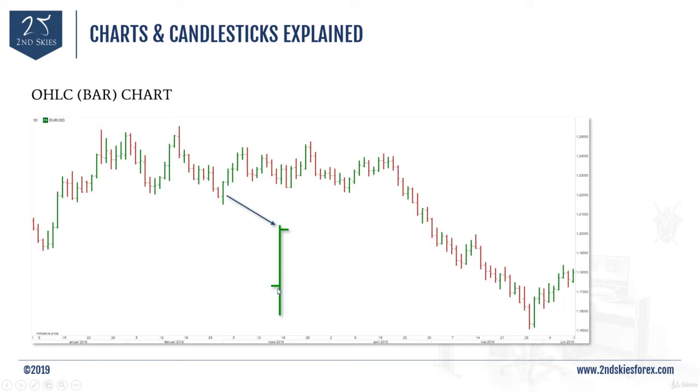The left tick is the opening price of that particular day, and to the right is the closing price, which means price opened here for the day, price moved within this price range during the day, and then price closed here to the right. So this bar is best used for aftermarket analysis, but there's actually one chart type that has become more popular over the years, and this is the next one we will look at.